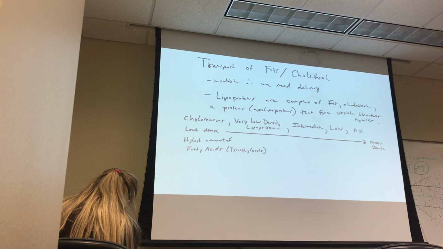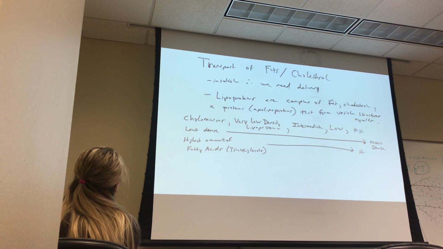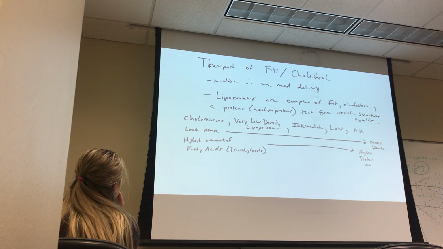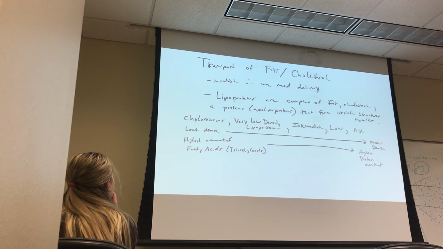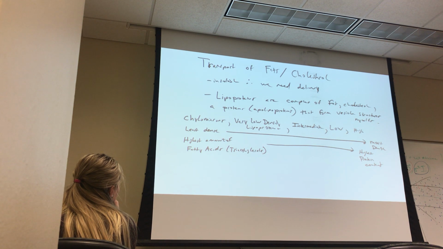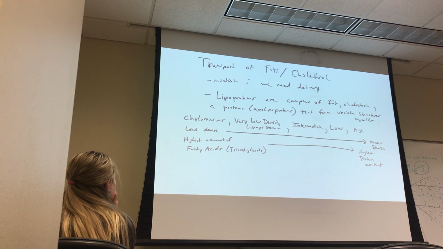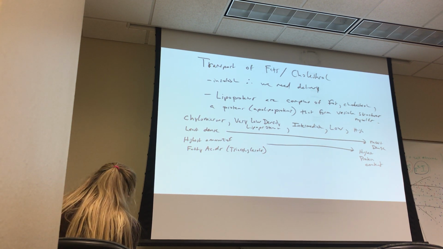And the trend is you go from highest amount of fatty acids to highest protein content. Lower fatty acid content, higher protein content. So that's, fats float beyond water kind of less dense.